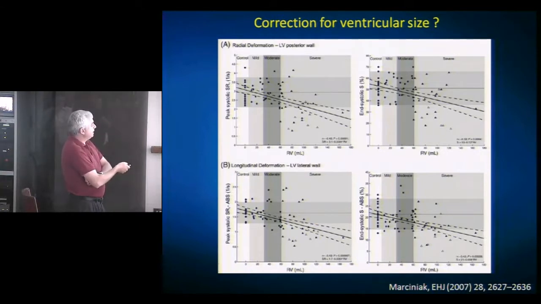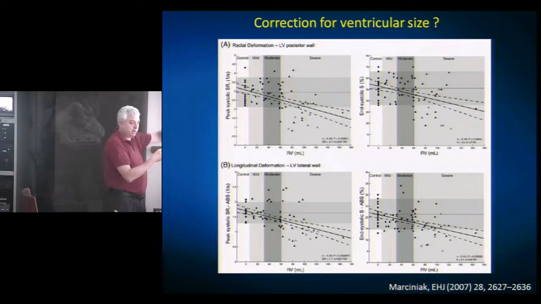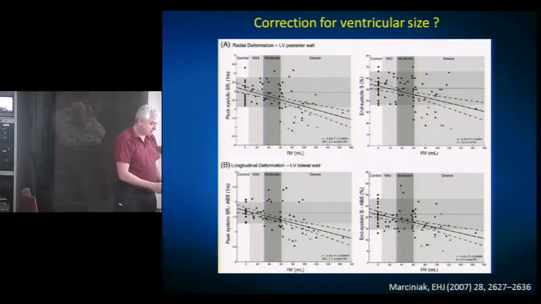And again, you can see, just like in the velocities, although it's a bit more sensitive, that the mild and moderate generally are in the same range, and the severe, some are below the normal range for strain, and some are within the normal range. So who has normal contractility, or who should we go to an operation with before that ventricle starts to decompensate?